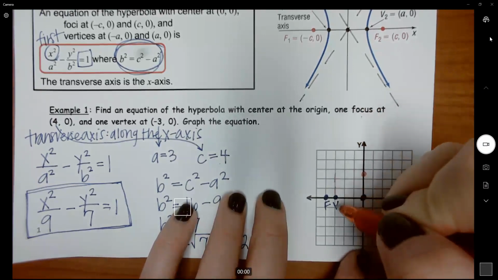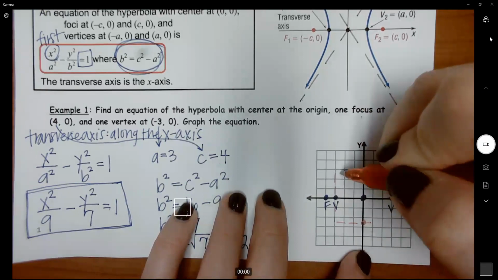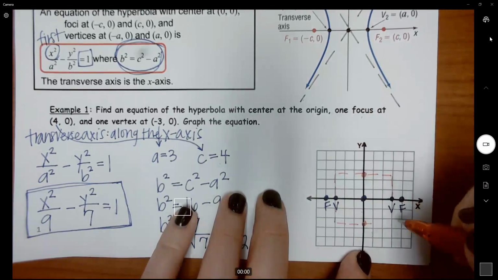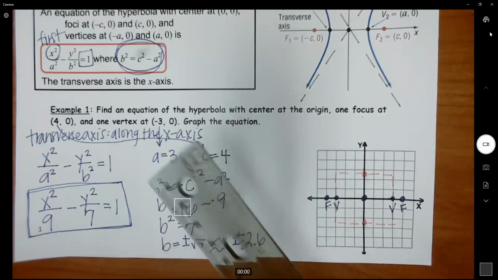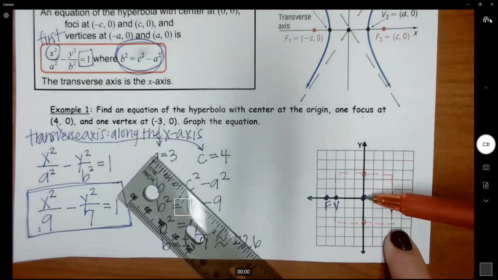And I'm putting these in dashed lines because this, again, is not technically part of my hyperbola shape. Okay, and then once we make that box, I'm going to go ahead and use a ruler. I'm going to go from corner to corner of my box going through the center.